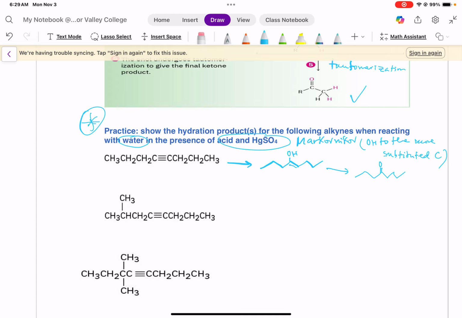Now this one, it does matter. The second one, we're gonna put in the OH right here, on that side, because there's more branches.